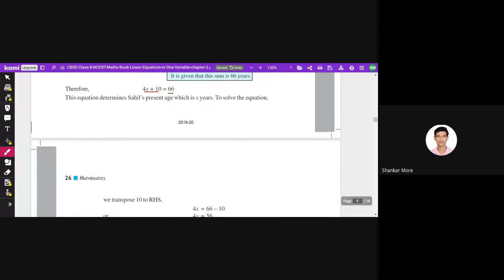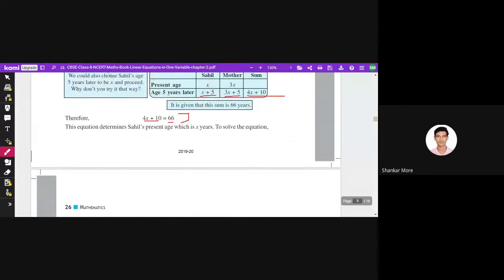To solve the equation, it is now pretty easy for you. Can you solve the equation? I'm just hiding the part, because I need to know Sahil's present age, or the value of x. Can anybody find it out? What is Sahil's age, students?